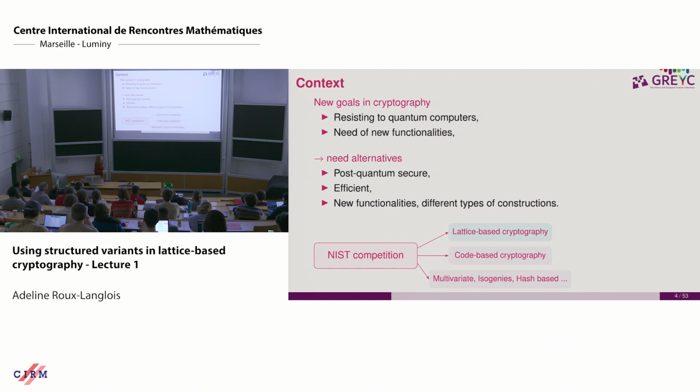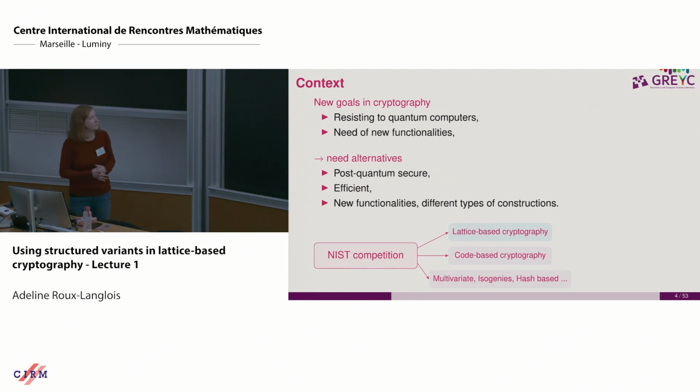So we need alternatives that are post-quantum secure and efficient, because it's complicated to build efficient schemes with all the functionalities that we want, not only encryption or signatures, but much more than that.